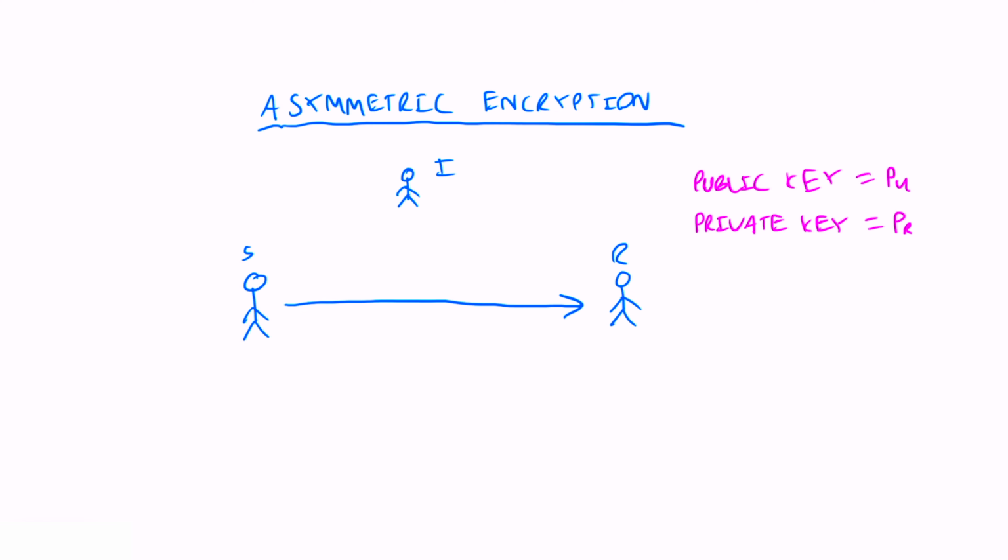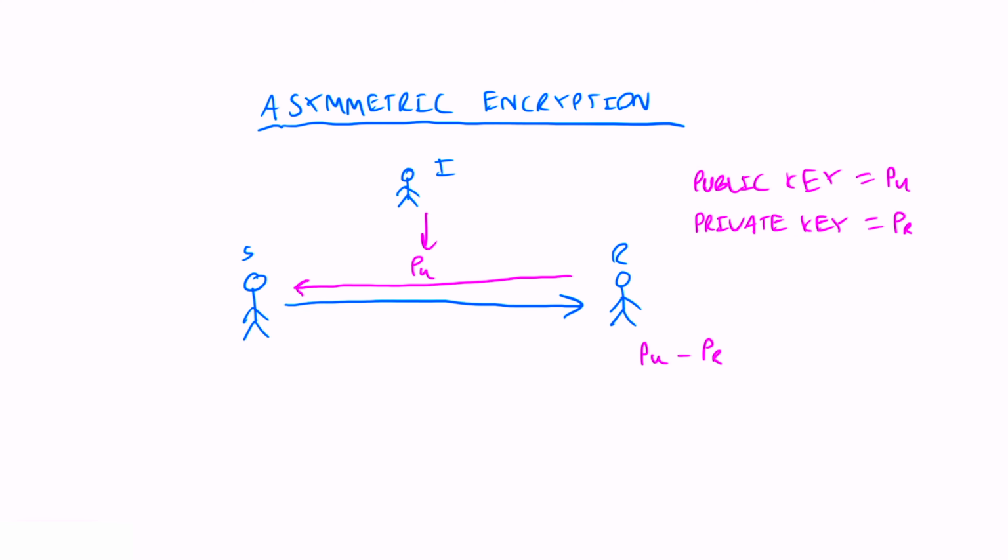So these two are generated together. And then what the receiver will do is send the public key across to S and say, here S, use my public key of R to encrypt the data.